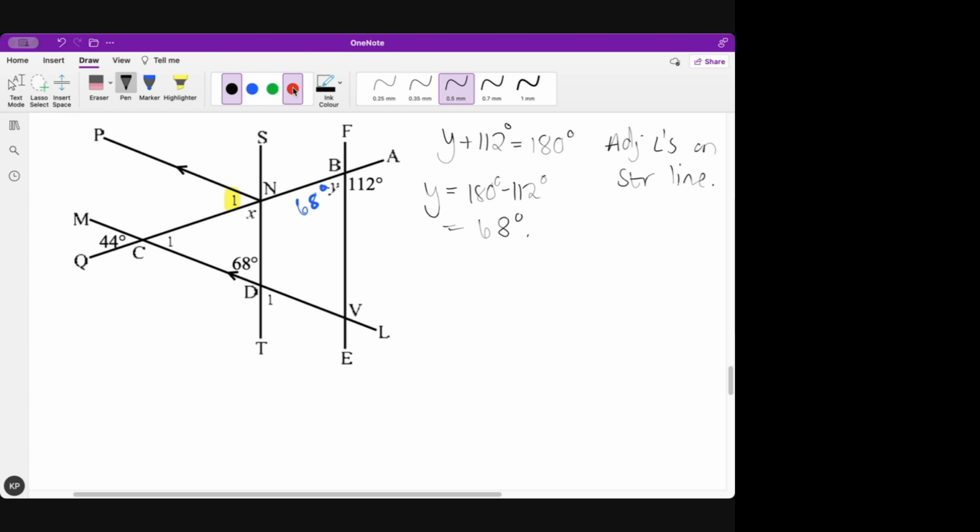Which other angle do we need if we're going to use angles in a triangle, or the sum of angles in a triangle? We first need C1. Do you guys see that? Yes. And what is angle C1?